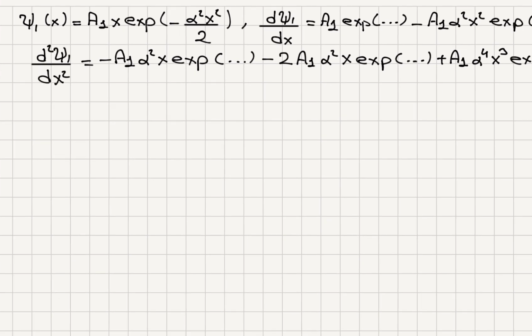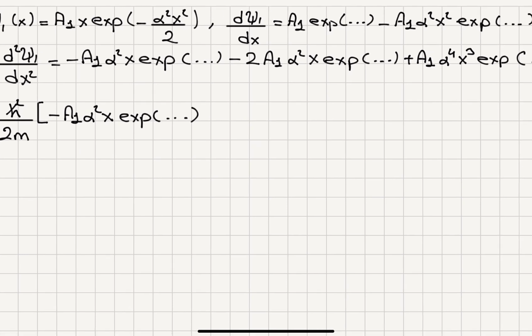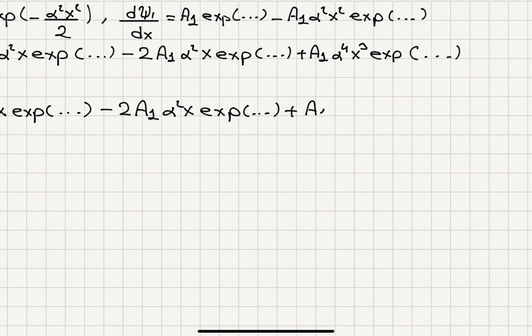So we will have minus h bar squared divided by 2m multiplied by the second derivative of the wave function: minus a1 alpha squared x exponential, minus 2 a1 alpha squared x times the exponential, and then plus a1 alpha to the fourth power x cubed times the exponential.